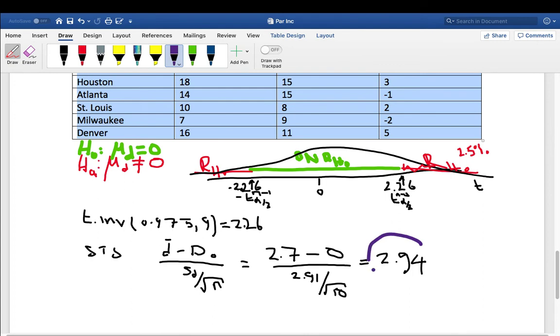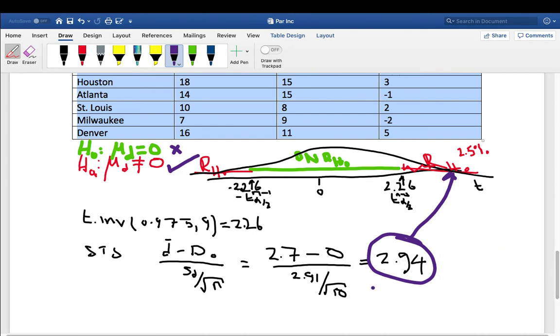The test statistic is 2.94, and it falls somewhere over here. This is 2.26. So the conclusion is that we reject H0 and we go with the alternative hypothesis, which suggests that the mean difference is not the same. So that means they do not deliver with the same speed, that one firm is faster and one firm seems to be slower.